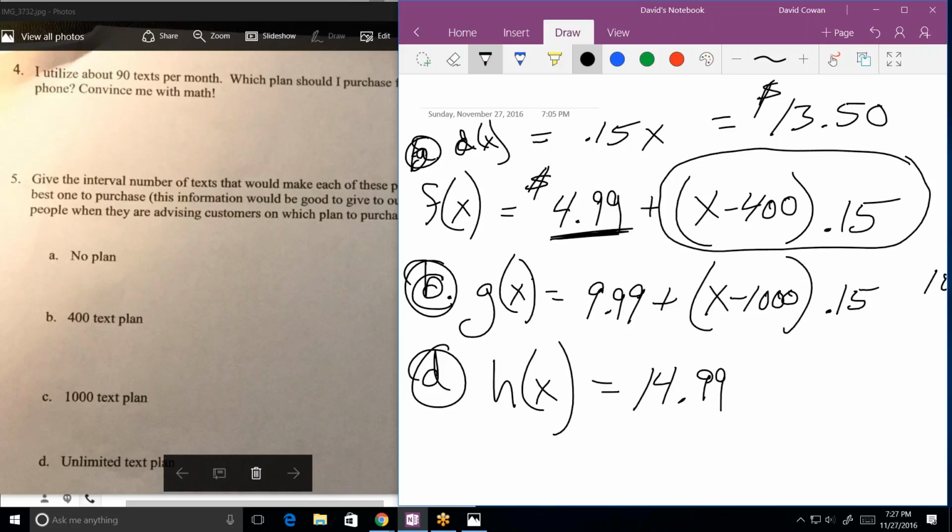That would be cheaper. And the first one, the 400 texts, is $4.99. That's cheap. So that's the cheapest option. And the math isn't that hard, in other words, convince me with math. Well, that's pretty easy to do.